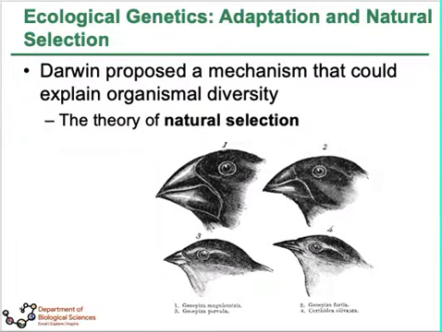So, in ecological genetics, it was proposed by Darwin that the diversity of organisms today has something to do with his theory of natural selection. So, in the later slides, we're going to discuss natural selection, adaptation, and evolution.